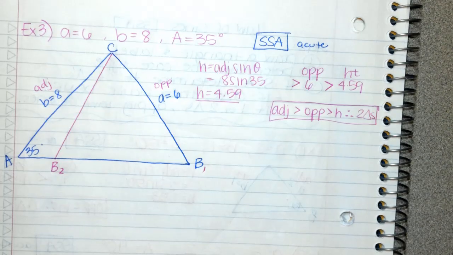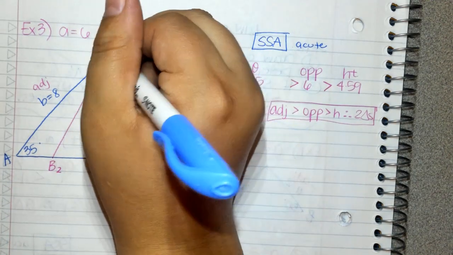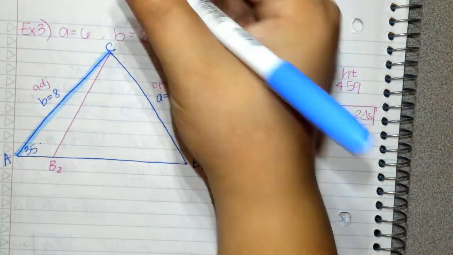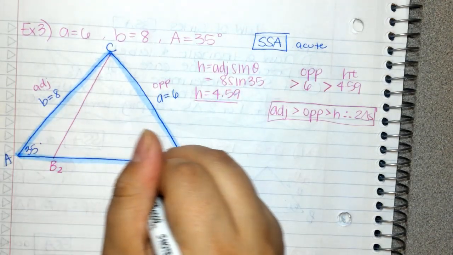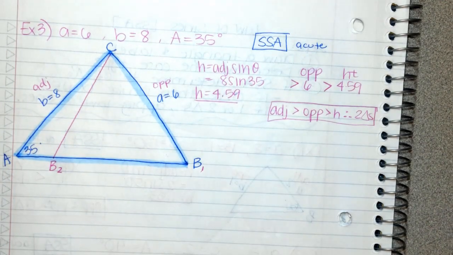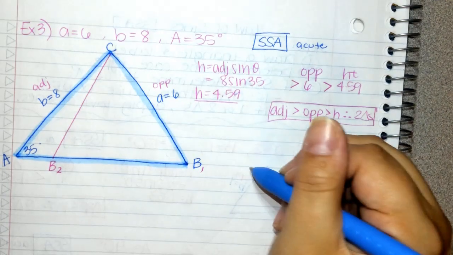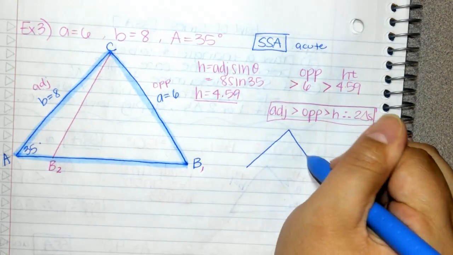Now, first what we are going to do is highlight this big triangle blue. We are going to focus on the big triangle first. And not only am I going to highlight this blue, but I am going to redraw it a little bit smaller right here.